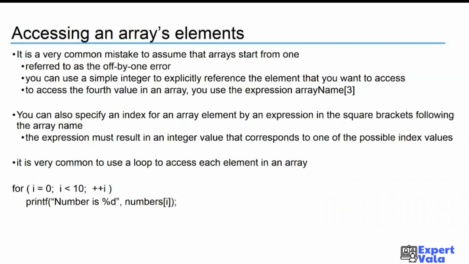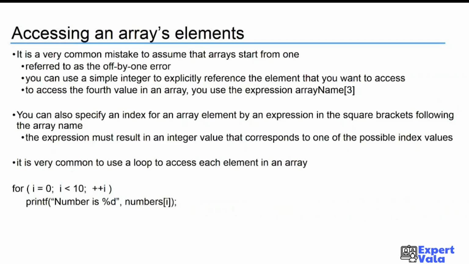So for example, here we have a for loop and we are initializing our loop control variable to 0. And we are exiting once i is no longer less than 10. And what we are doing here is we are just displaying the numbers in the array. And so we are saying printf number is %d and then numbers[i] as a variable.